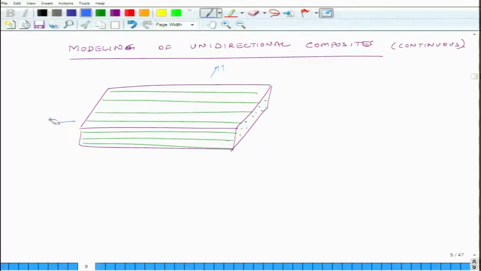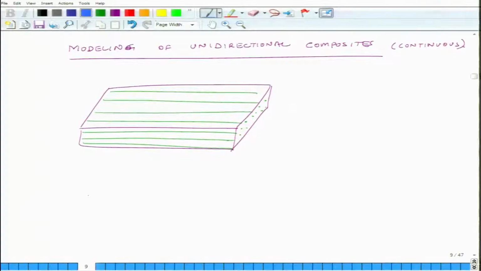So, before we start wondering about the modeling, the first thing we have to define is a consistent set of axes which we can refer again and again, so that when you are talking about a particular direction, I exactly understand what that direction means, because x, y, z could vary and there could be infinite values of x, y, z, because I can keep on rotating my axis system.